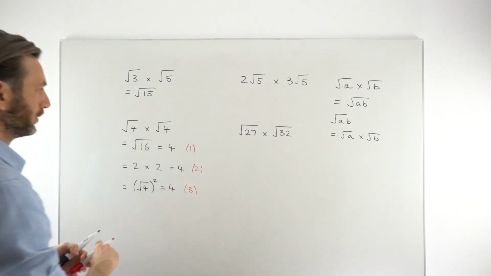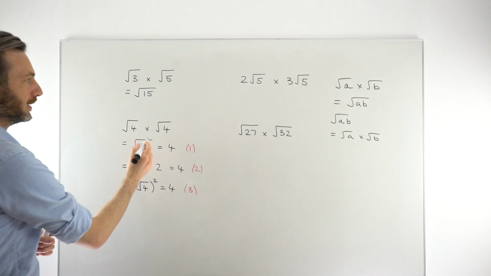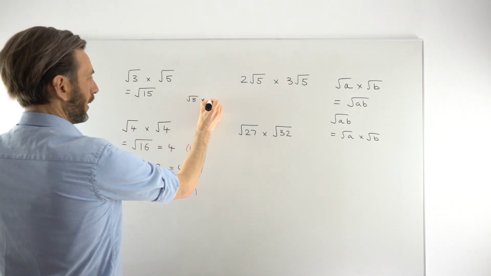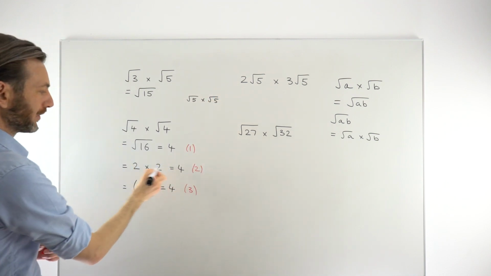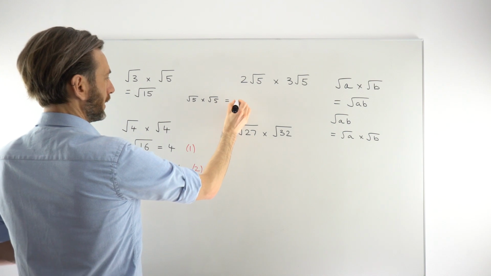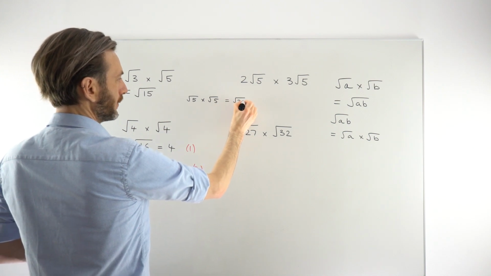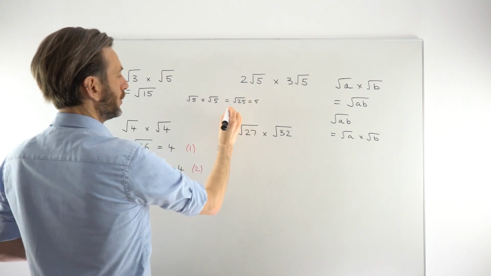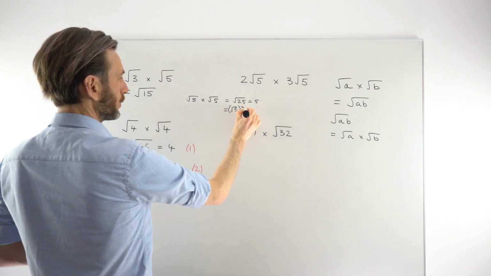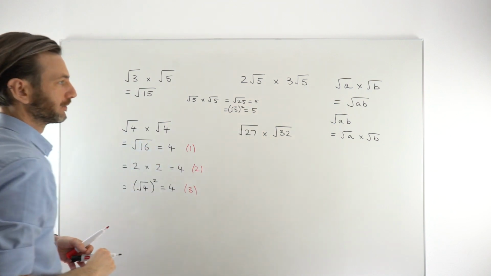They might not always apply. For example, if that had been root 5 times root 5, we couldn't use method 2 there, because you can't take the square root of 5. We would simply say that is root 25, which equals 5, or we could say that's root 5 squared, and the square root and the squared cancel, and we get 5.